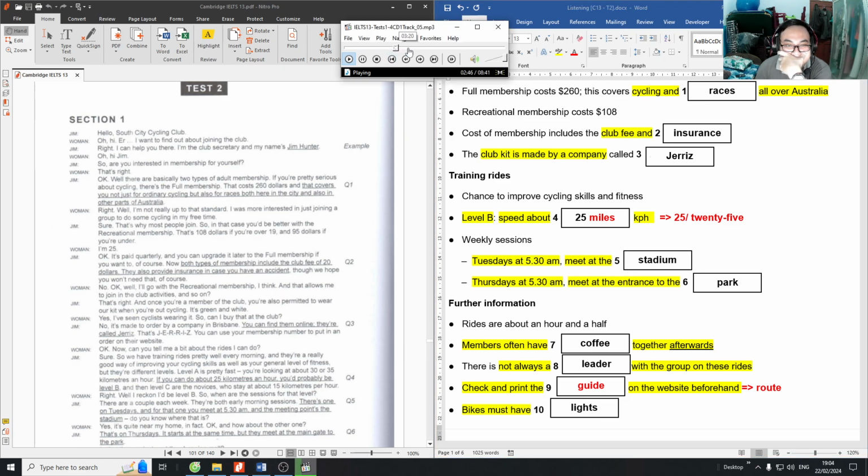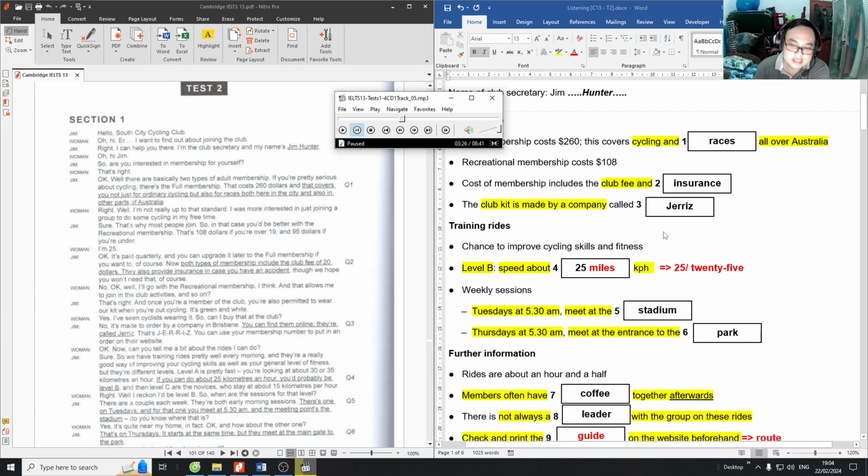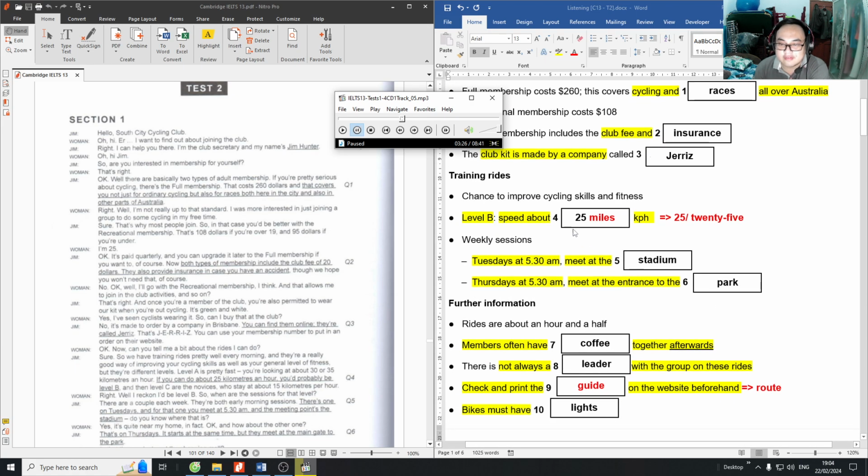That's right. Optional membership. I actually got this answer for number 4 correct, but I changed the answer at the end of part 1. At first, I typed in 25, but then I changed it to 25 miles.